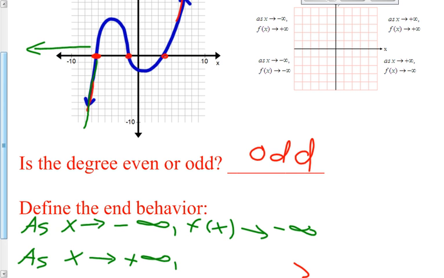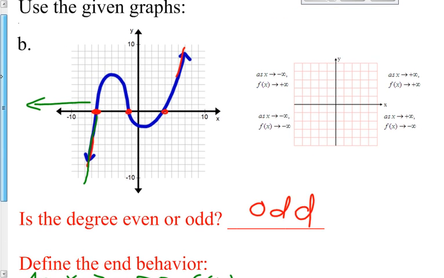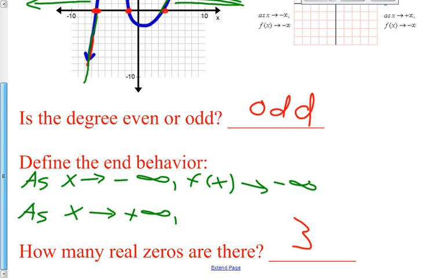Now you're going to tell me what happens as x goes to the right, or as x goes to positive infinity. What happens to my y values as I go to the right? I go up and up and up and up. So as x approaches positive infinity, my y's, or my f of x, also approaches positive infinity. Hopefully this one is easier than the first one.